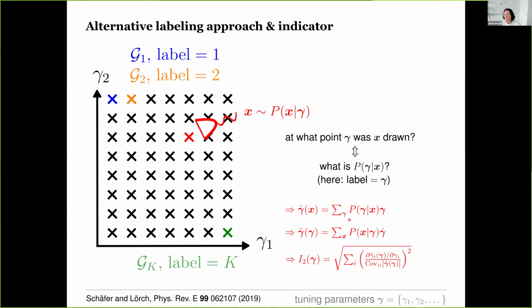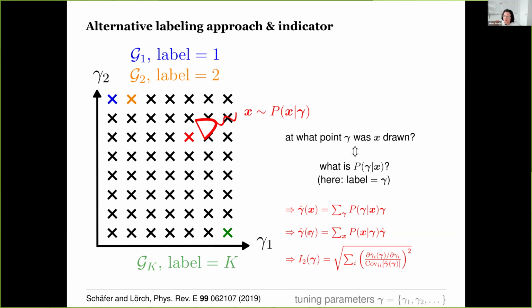And then we can compute again a sort of 2D map, so gamma hat as a function of gamma by weighting gamma hat of each sample X by the probability of X being drawn at that point. And then these maps will have a similar property as the order parameter maps before, in the sense that one expects gamma hat as a function of gamma to vary most at phase transitions.